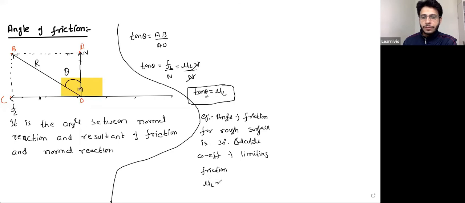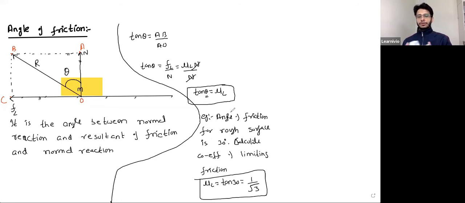So the coefficient of limiting friction is the tangent of the angle of friction, so this is mu L, which is tan 30, which is 1/root 3.